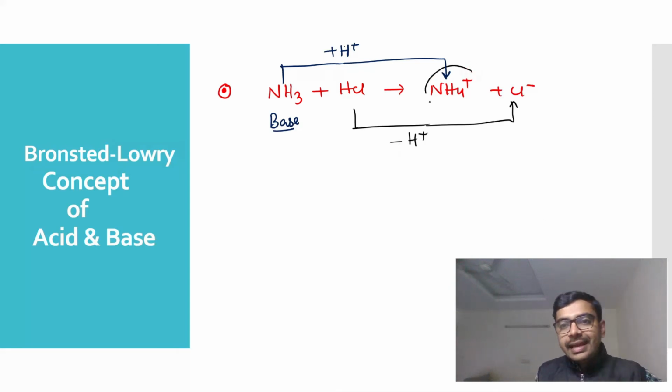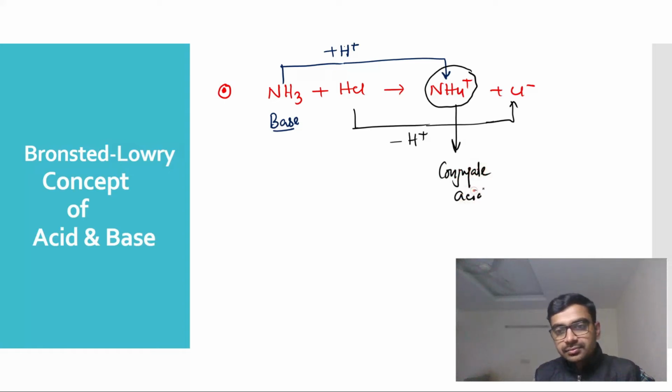Now here the NH4 plus molecule, which comes from the base by accepting one H plus ion, is known as the conjugate acid. Okay, and the Cl minus ion, which comes from the acid by removing one H plus ion, is known as the conjugate base. Clear?